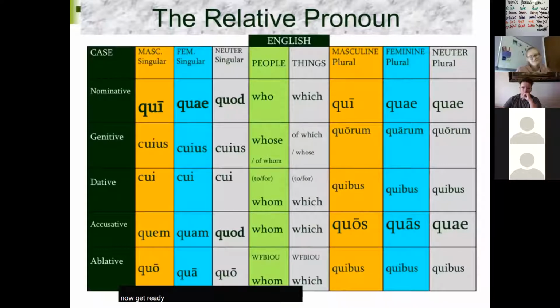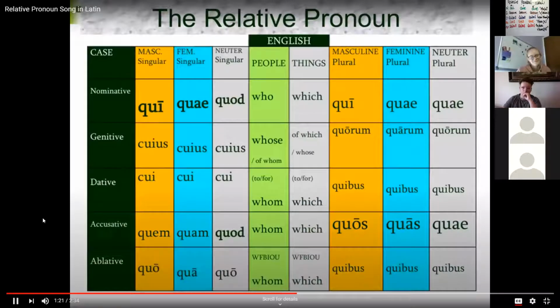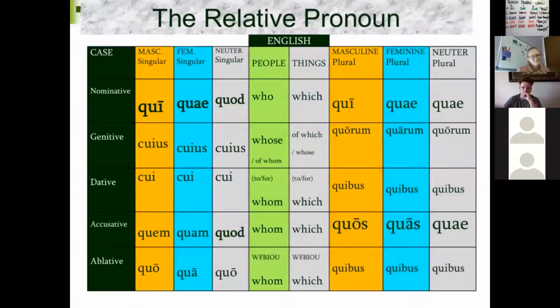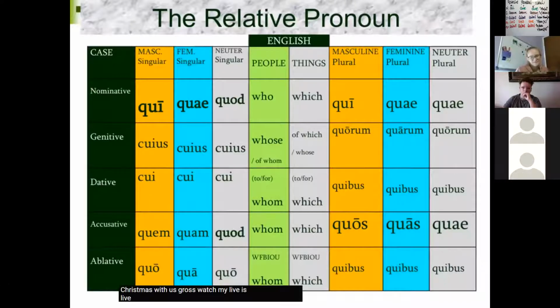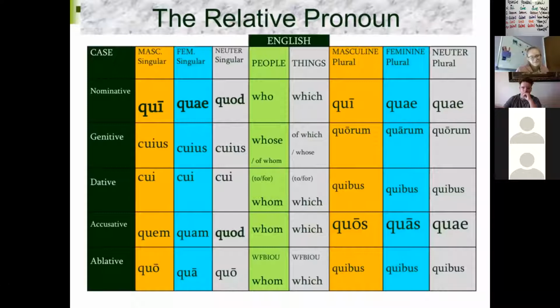Now get ready for the plural. Quick, quack, quack, quorum, quorum, quorum. Quivers, quivers, quivers, quos, quas, quite. Quivers, quivers, quivers, yeah, spell it from now.